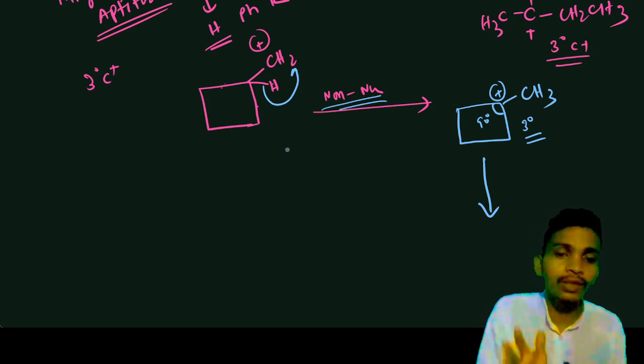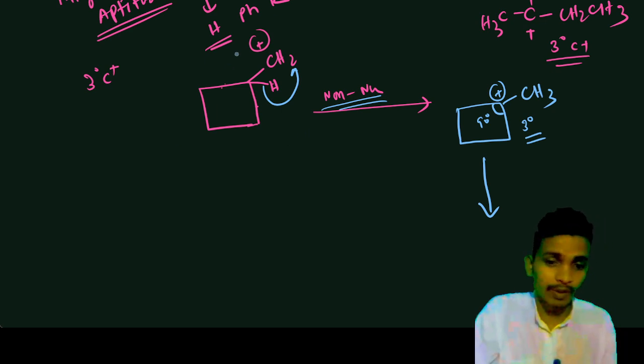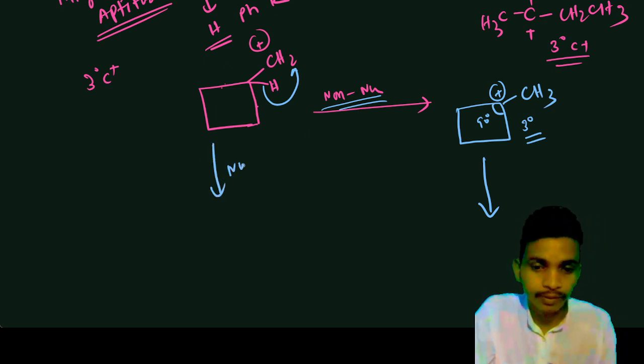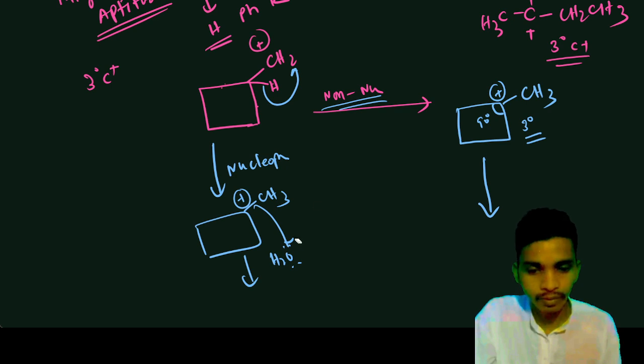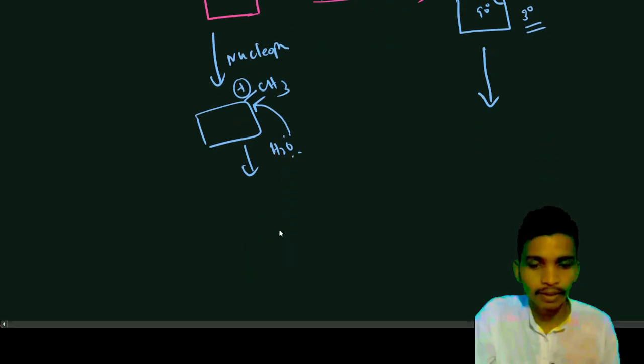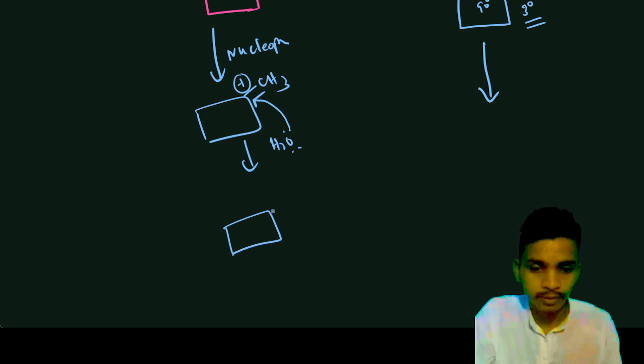Okay, so if it is a non-nucleophilic medium, then maximum rearrangement will happen. But if it is a nucleophilic medium, then it will shift from a 2 degree to the 3 degree. After that, whatever nucleophile is present, let's say water is present, this water will attack here, and we will get the product like this, OH.